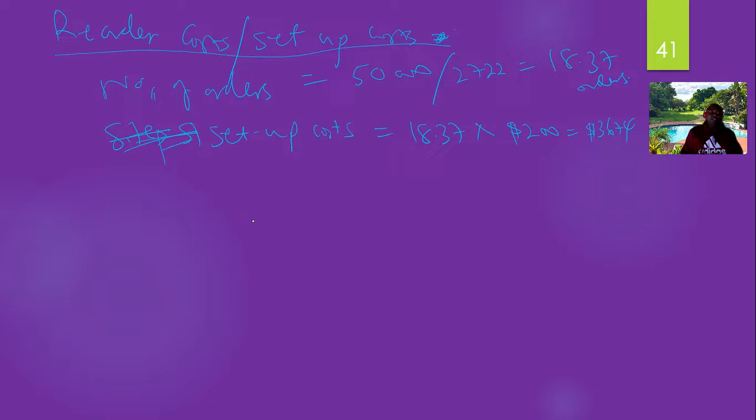Then let's think of the holding costs. Holding costs are a function of average inventory. The average inventory is based on the economic batch quantity divided by 2.